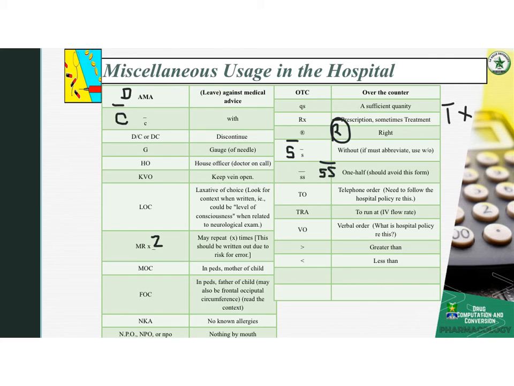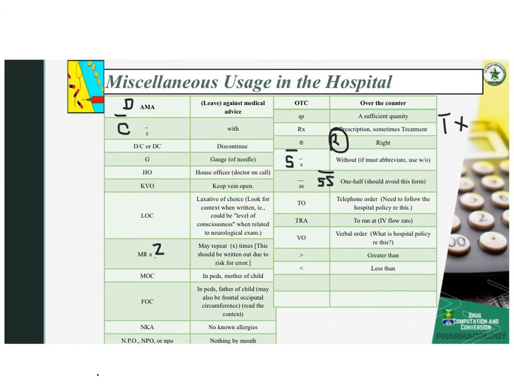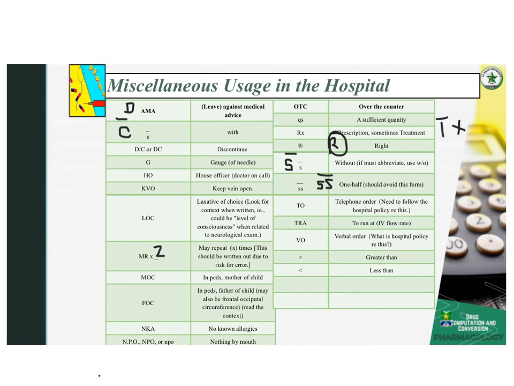We have TO, that's telephone order, or kana siya usahay PO, phone order. Pero depende siya sa hospital policy if gina-use nila ning abbreviations. We have the TRA, to run at. It refers to the IV flow rate.